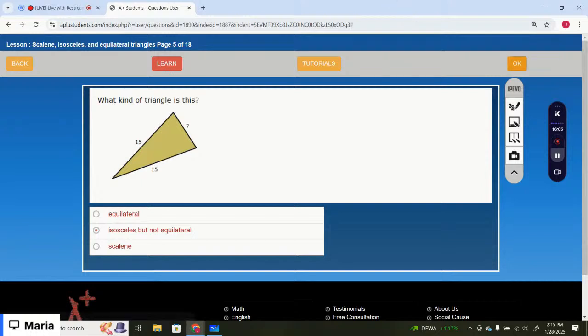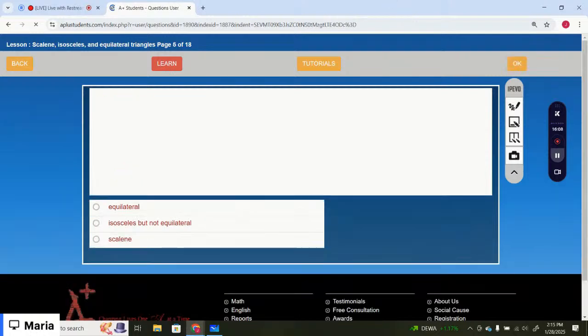So that is isosceles but not equilateral. Option number two is the correct option. Very good.